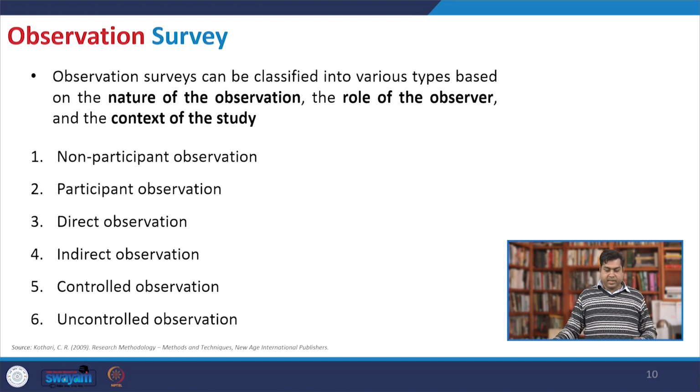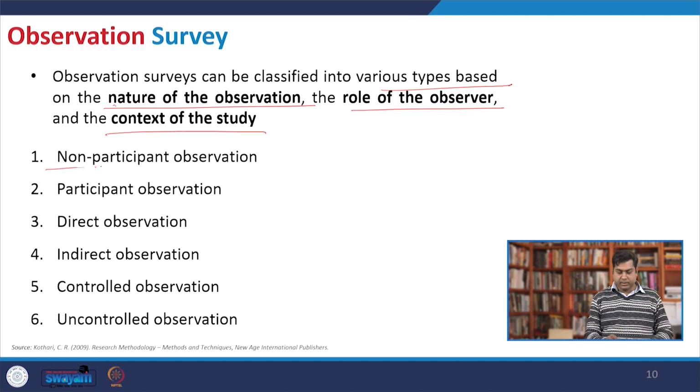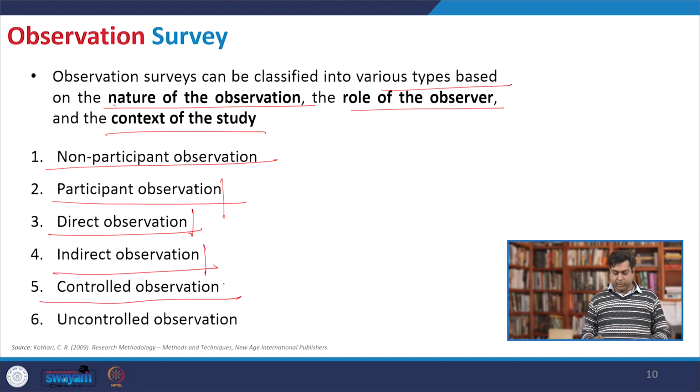Now, observation surveys can be classified into various types based on the nature of observations, the role of the observer, researcher or surveyor, and the context of the study. What are those? One is non-participant observation, participant observation, direct observation, indirect observation, controlled observation and uncontrolled observation.